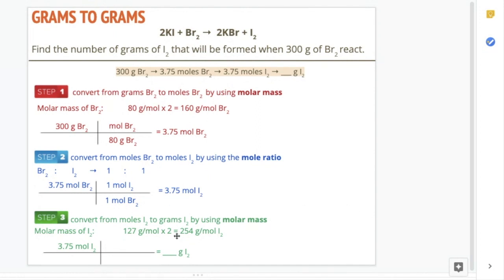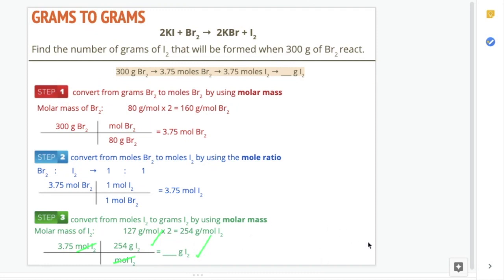So, am I going to put my 127 grams on the top or on the bottom if I need to get grams out? I'm going to put it on the top, right, which means I need to put my moles on the bottom. So moles on the bottom, grams on the top. This will allow me to cancel out my mole unit and leave me with just grams, which is exactly what I need. So now I just need to pop this into my calculator.